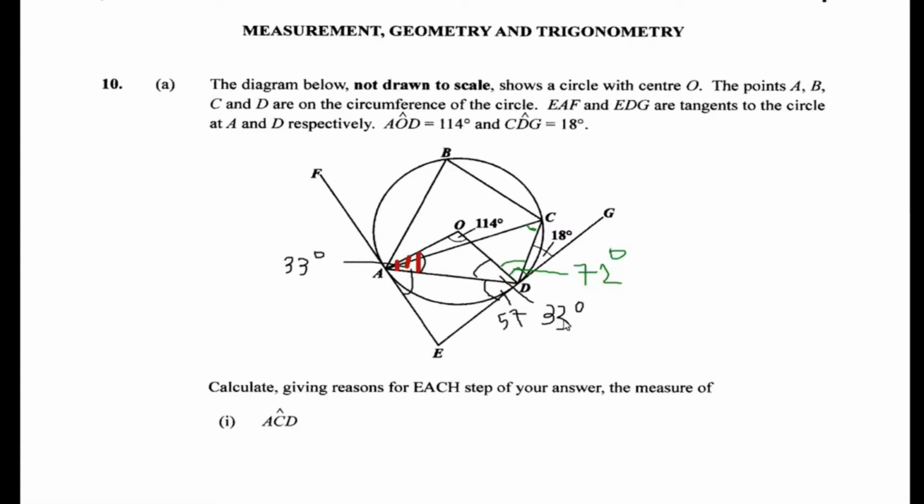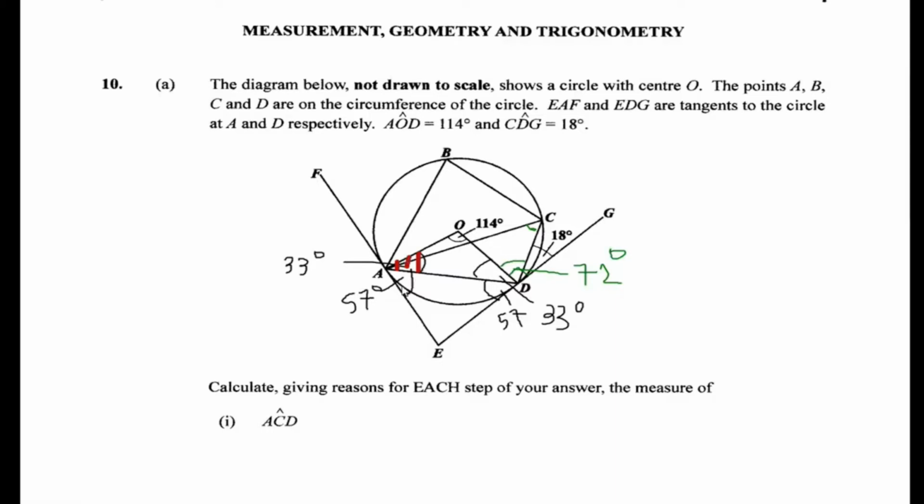Yes, that's 90. And so this angle right here is also 57. All right, now back to this. 57 plus all of this is 90. We get the answer now. There it is.